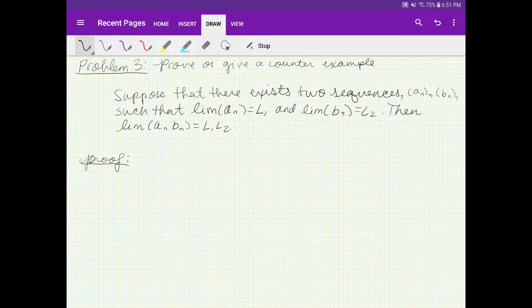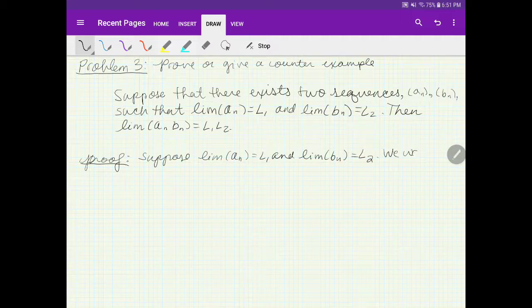So the proof, first we're going to suppose that the limit of a sub n equals L1 and the limit of b sub n equals L2.